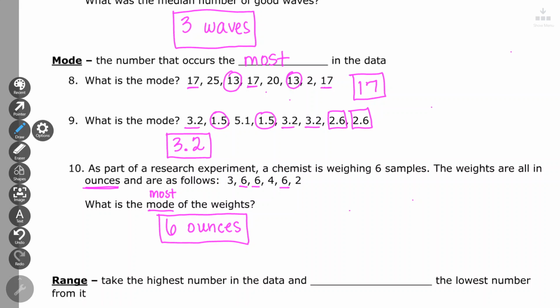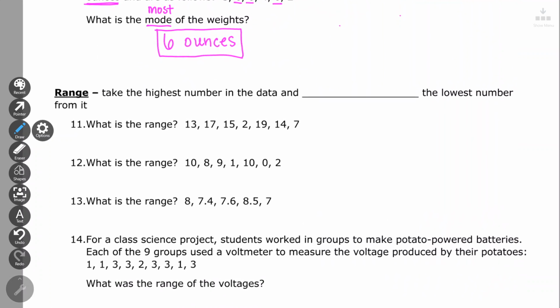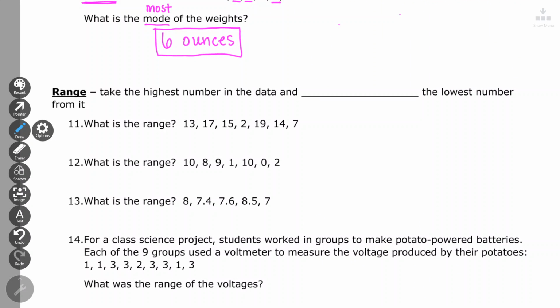All right, let's look at the range. The range. You're going to take the highest number in the data and you're going to subtract the lowest number from it. Okay, so you have to find the highest and find the lowest, subtract, and then you will get your range. All right, so let's look at number 11.